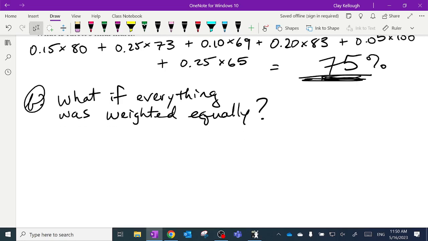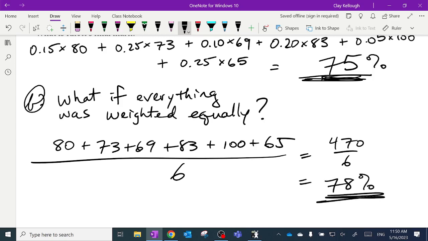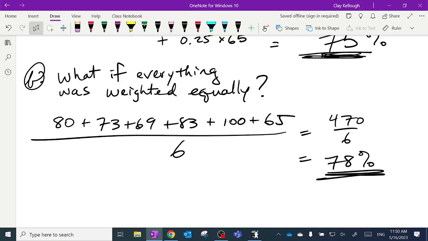If we weighted everything equally, we would add test 1, test 2, test 3, assignments, participation mark, and that sad exam that didn't go so good, divided by 6. So, what do you think? Turns out you get 470 over 6, which is 78%. So Rhett should have taken the deal. He would have increased by 3%.